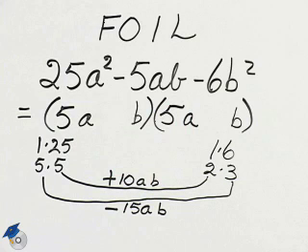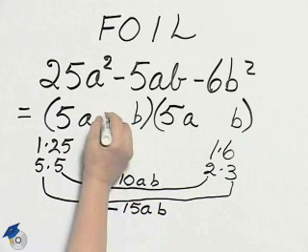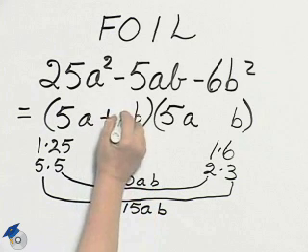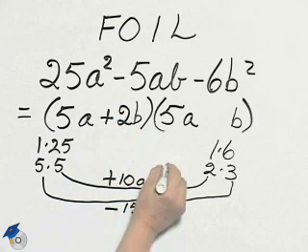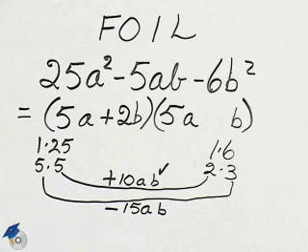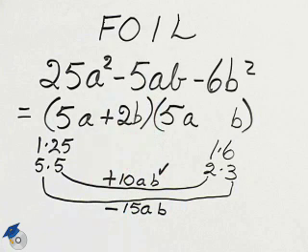I would like to have a plus 10ab somewhere, and if I put in plus 2 here, then I get my 10ab as inside terms from the FOIL.